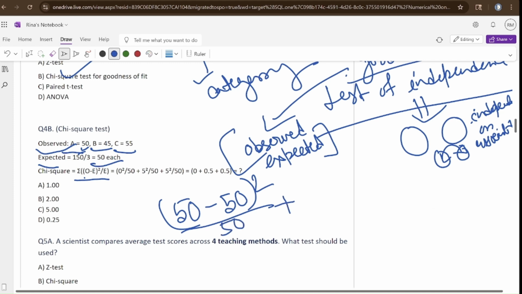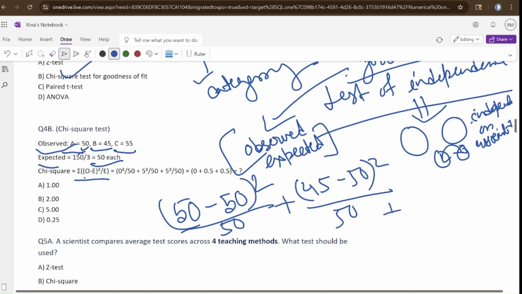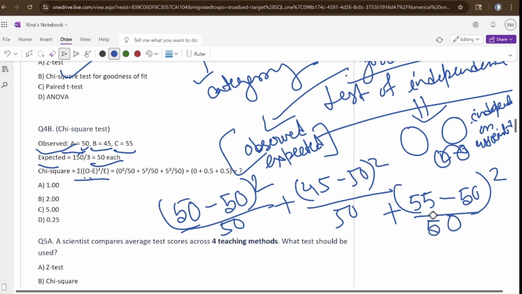Next, observed 45, expected 50, square divided by expected 50. Again, observed is 55, expected 50, square divided by expected 50. If you add them, you will get 0 plus 0.5 plus 0.5, so it will be around 1.